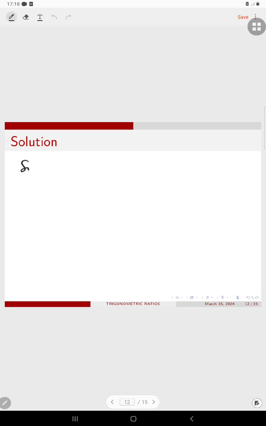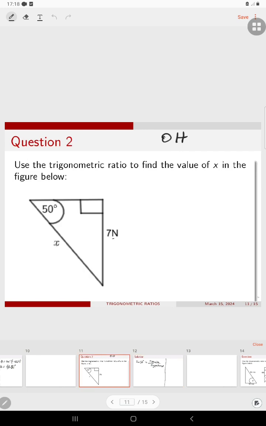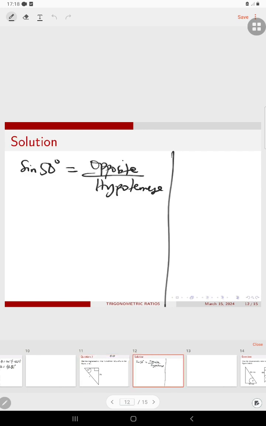So I will say sine 50 degrees is equal to opposite over hypotenuse. At a point when you master these ratios, you don't have to be writing opposite over hypotenuse. You can just put your values there straight.